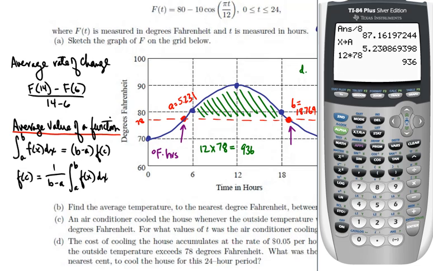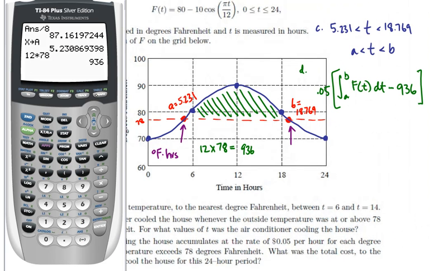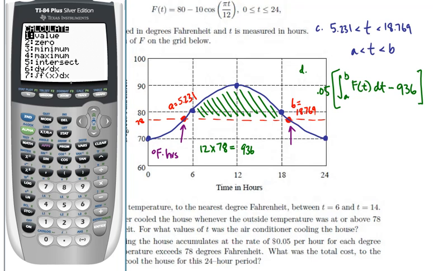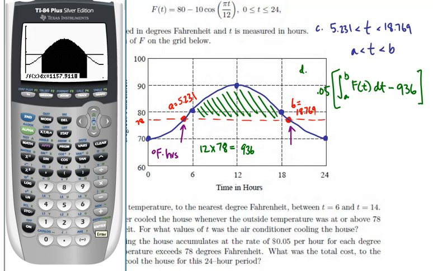and I'm going to go back to my graph, and the 78, yeah, it's important here. I'm going to do second calc number 7 for integration. My lower limit, all I have to do now is type in alpha a, enter. My upper limit, alpha b, enter, and it's going to give me the area under the curve being 1157.9118.